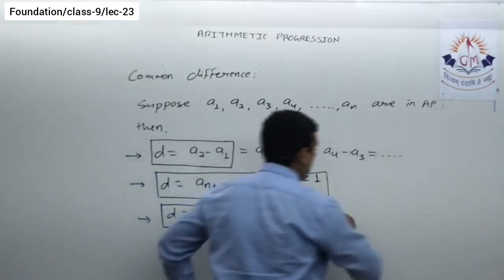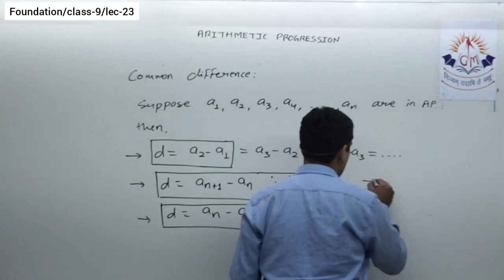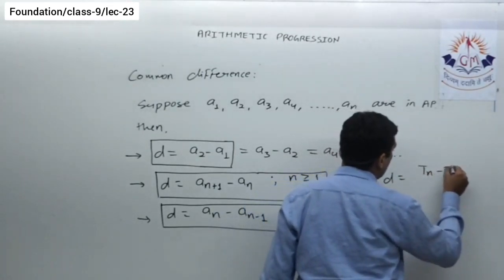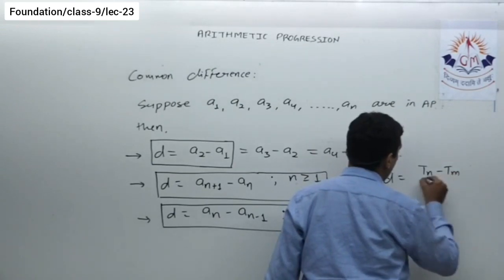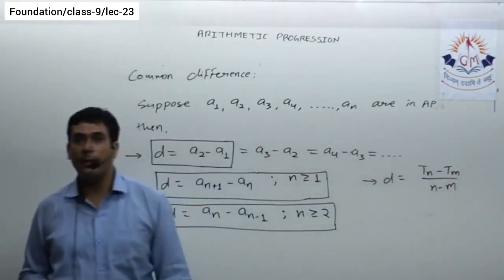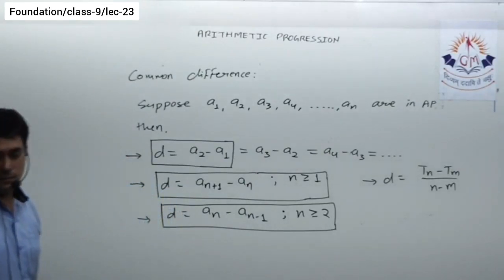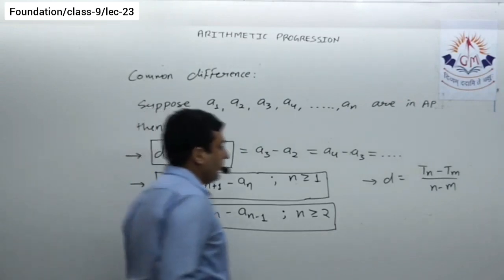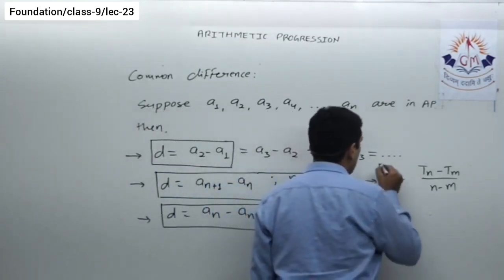Now one more formula of common difference is d is equal to Tn minus Tm upon n minus m, or an minus am upon n minus m. This is one more formula to find the common difference.